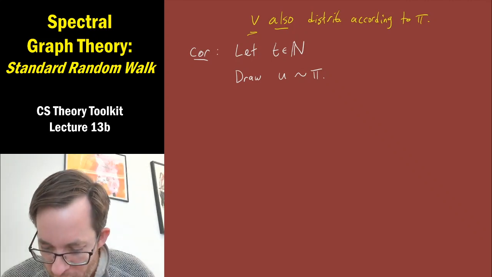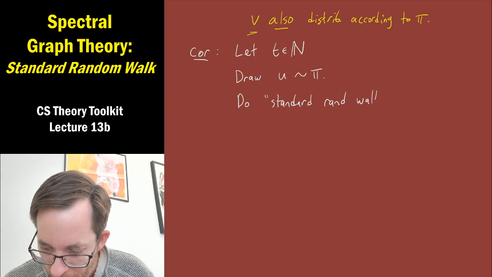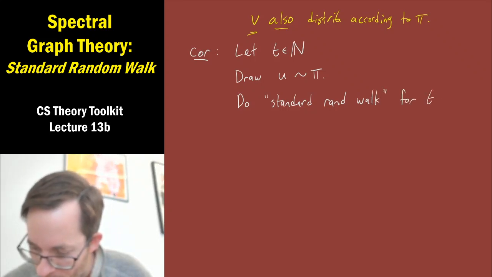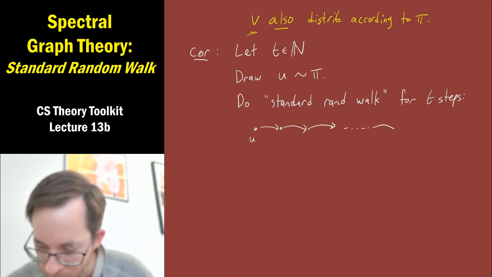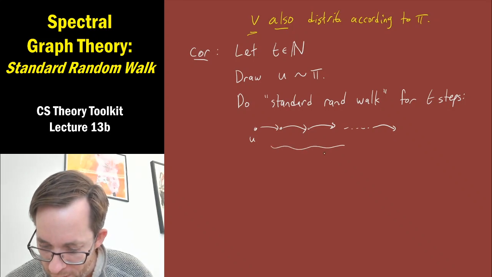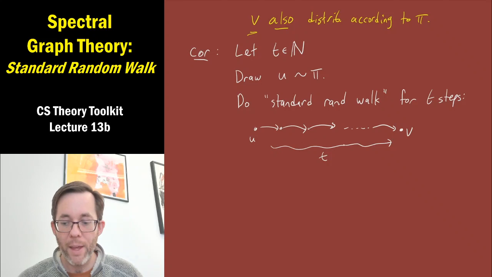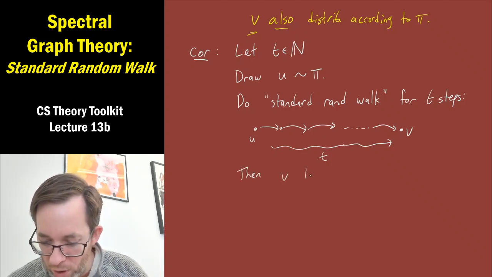And now imagine you do the standard random walk, as I described, starting from u and going for t steps. Okay, so you start at a vertex u, you step to a random neighbor, you keep doing that, and you step t times. And you look at the final vertex v that you end up at. Then, in this overall experiment, v's distribution is also pi.